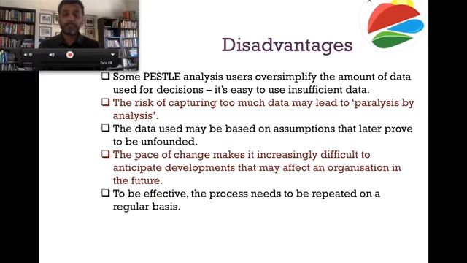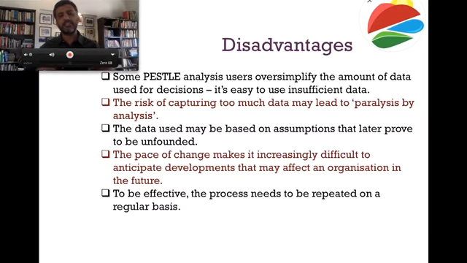The pace of change makes it increasingly difficult to anticipate the developments that may affect the organization in future. This is one big disadvantage also, that currently, as you have seen, there is COVID and there is political instability and there are some threats in the international arena, and there are economic downturns and sometimes depressions in the economy, and all these things are changing so fast.